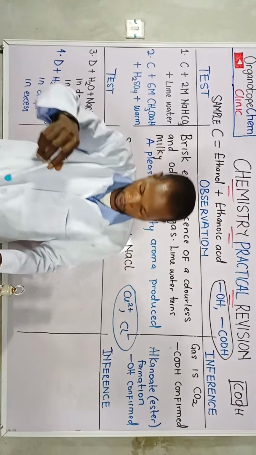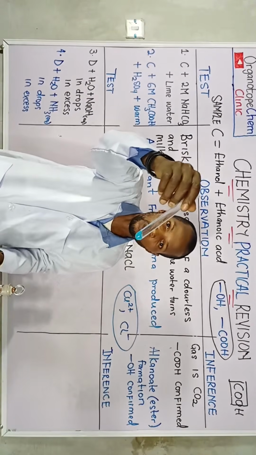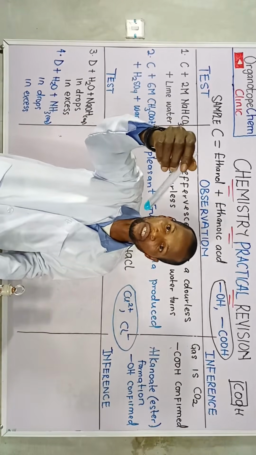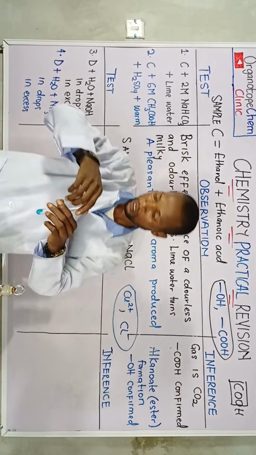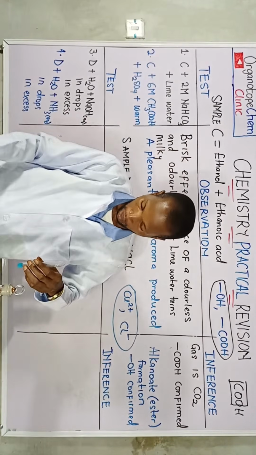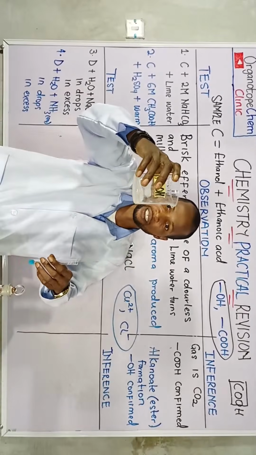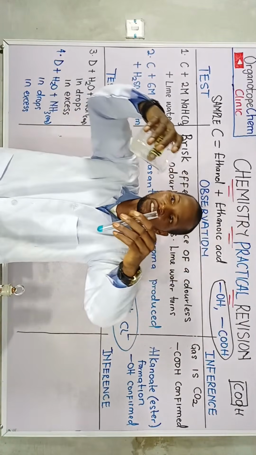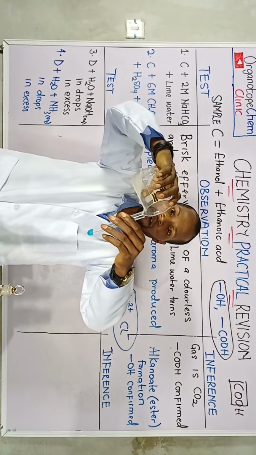So what will I do? Light blue, what ion is being tested for right here? Sodium hydroxide added, we have a light blue precipitate. Then, can we add in excess? Okay. Light blue precipitate. I'm going to add in excess now.